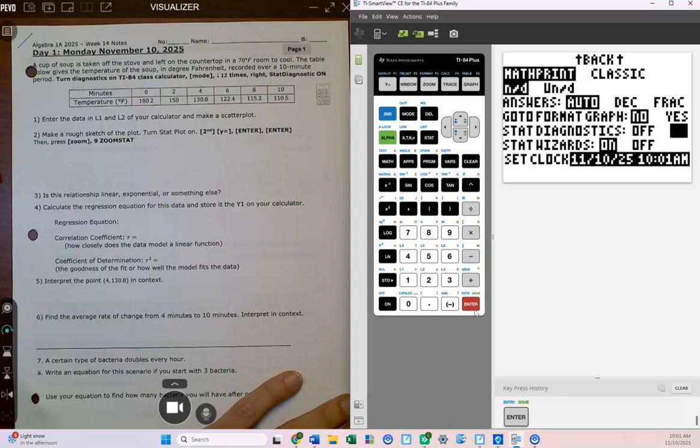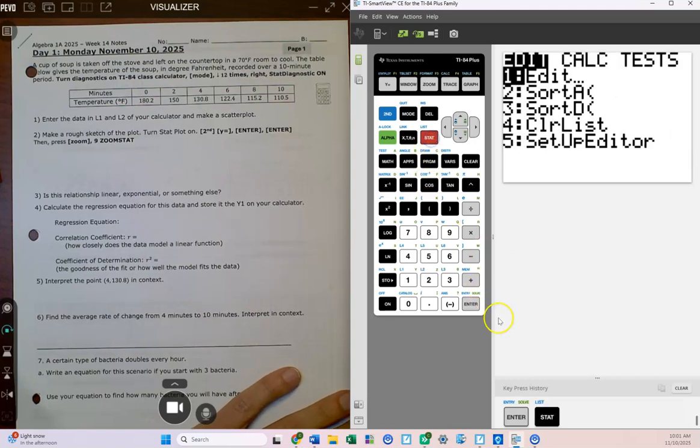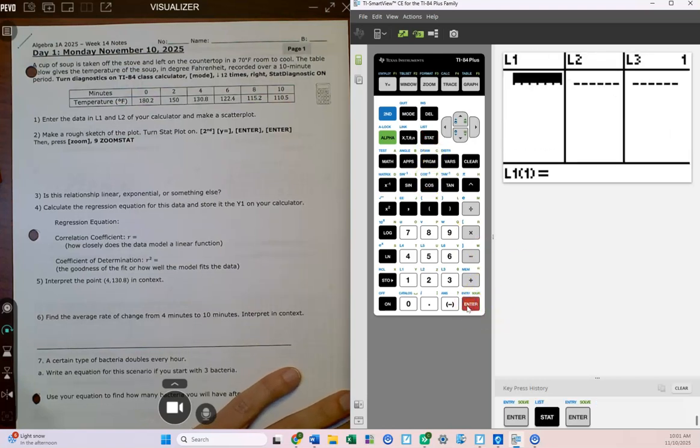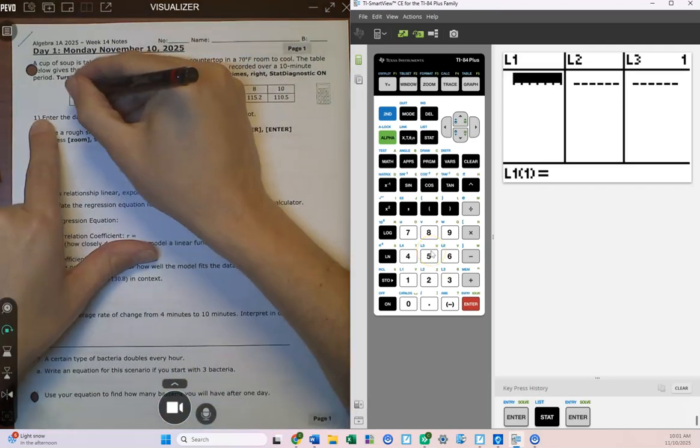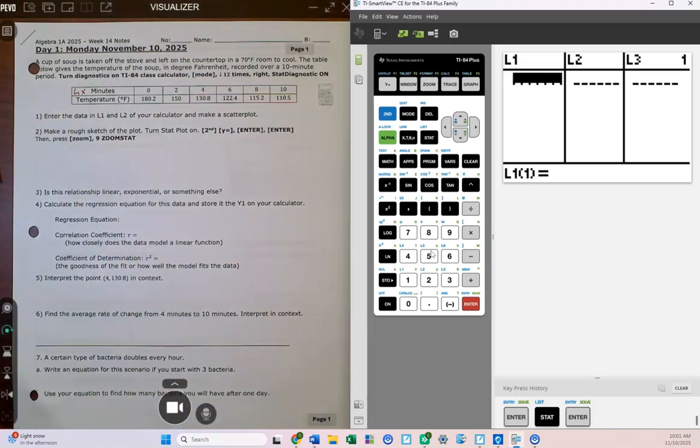So, I wrote the instructions in this time, so let's go to stat, edit. So this is L1 or X. Let me get my numpad.